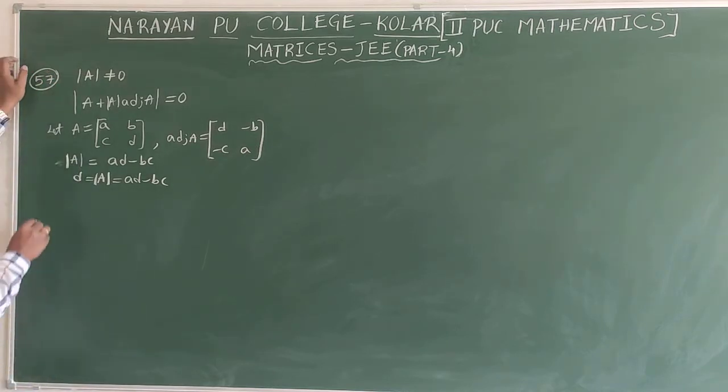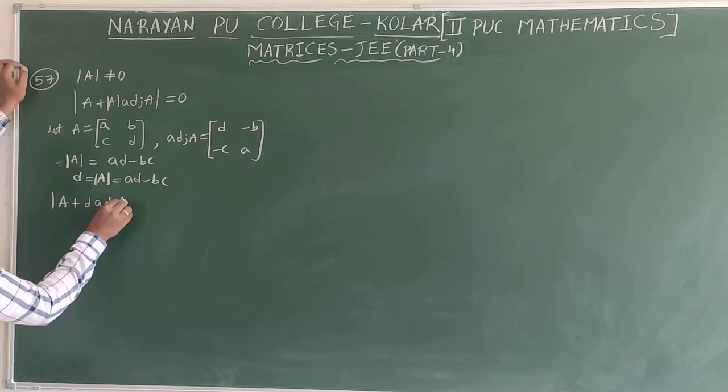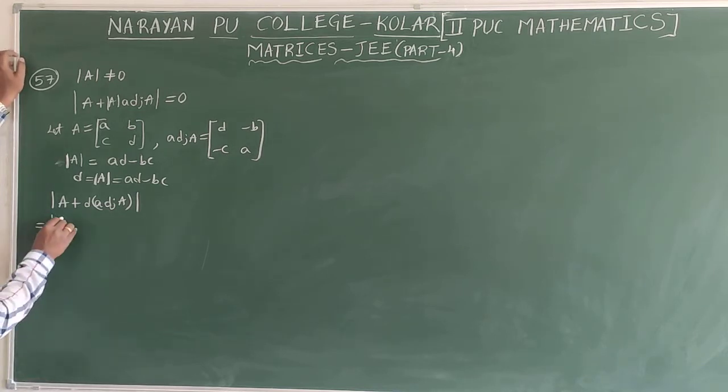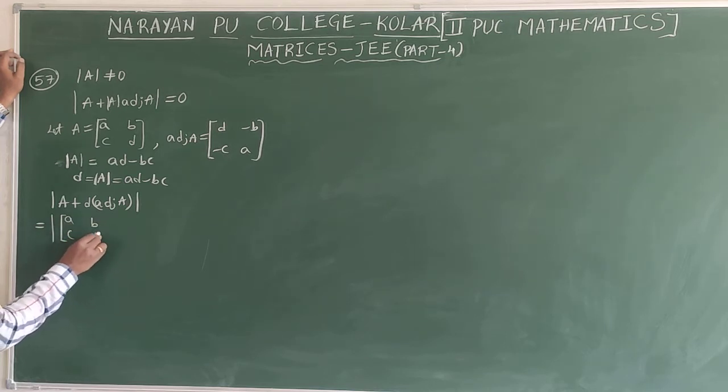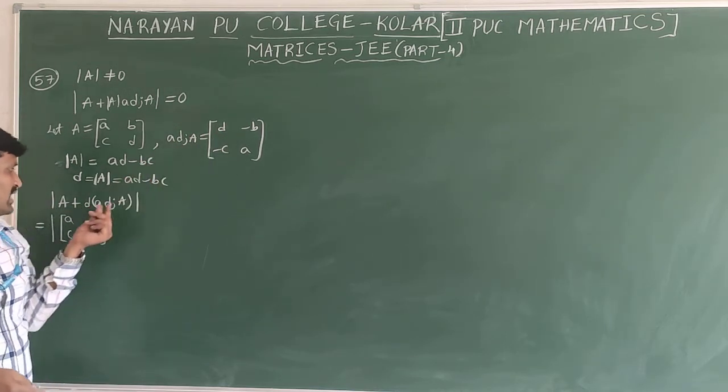Take the given condition. What is the given condition? A plus det A, that is d, into adjoint A. Det of A, where A matrix is a, b, c, d, plus d into adjoint A. For adjoint A, multiply with d.